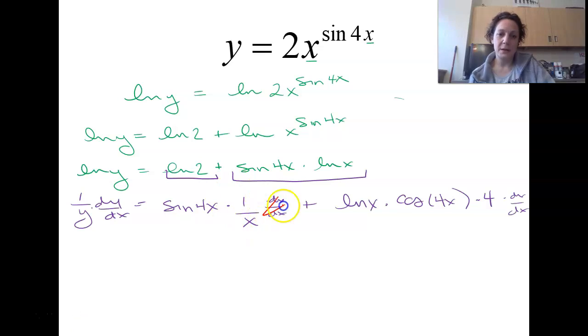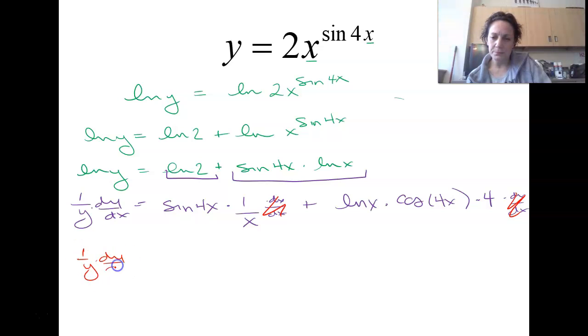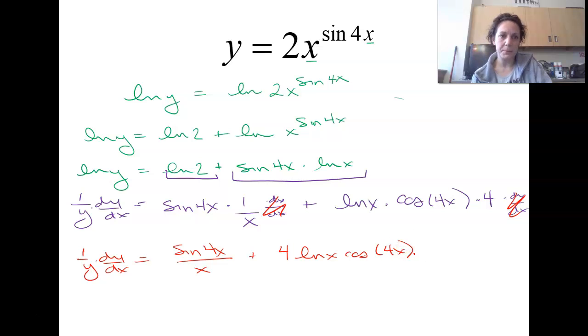Okay, so dx dx, see you later, whatever. I have over here, if I clean it up a little bit, a sine 4x over x. And then here I have a 4 ln of x cosine of 4x. Just cleaning it up a little bit.